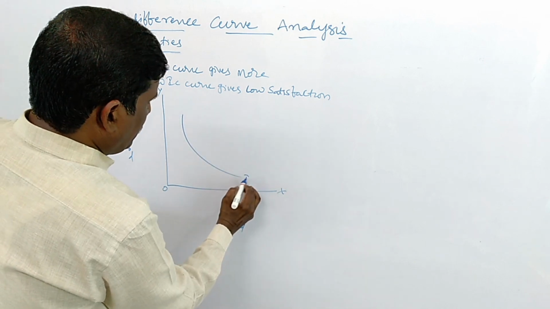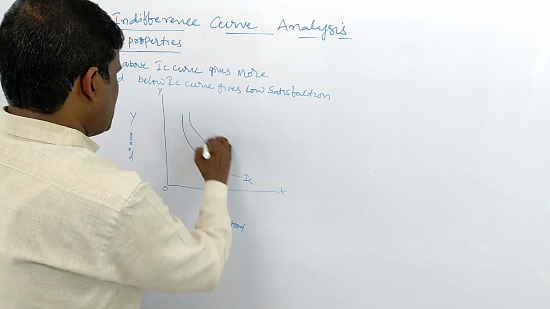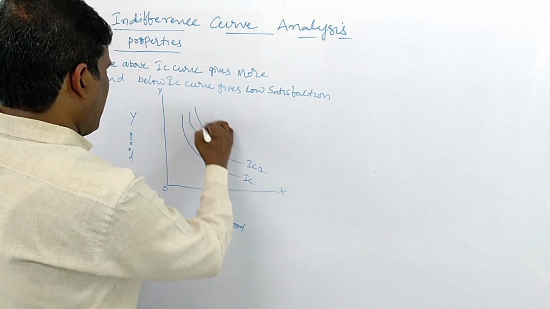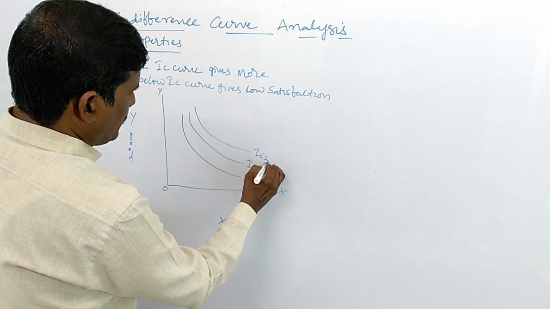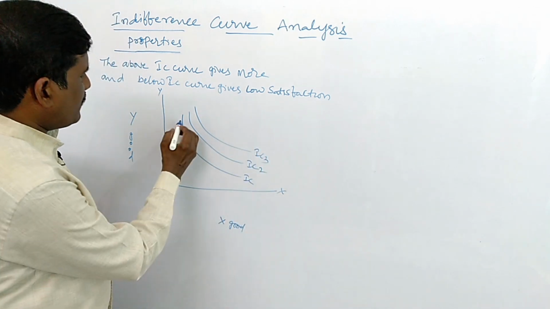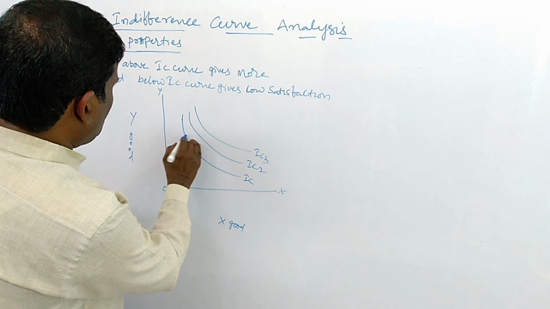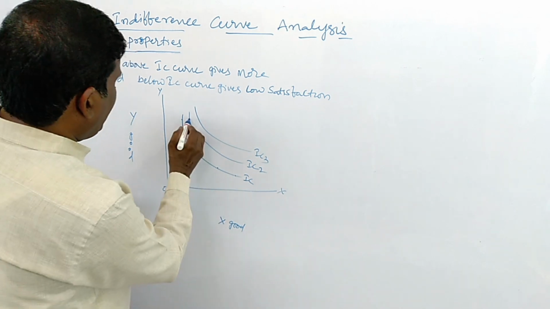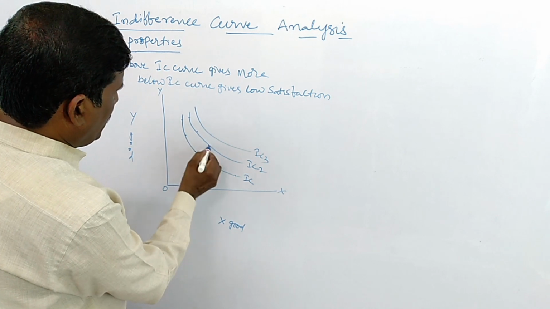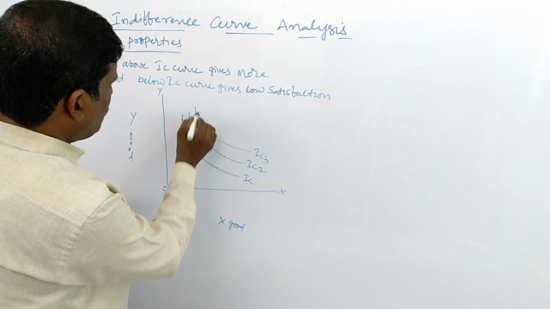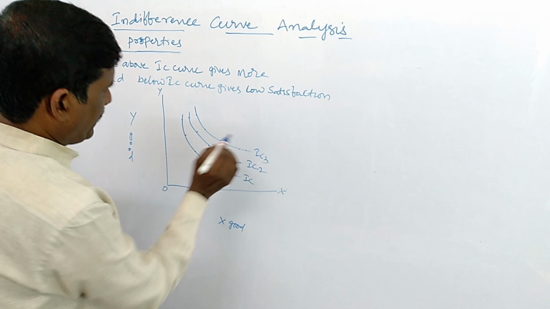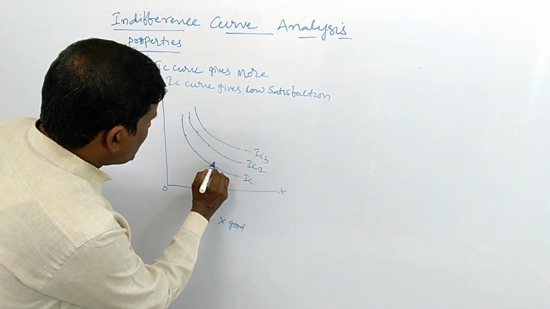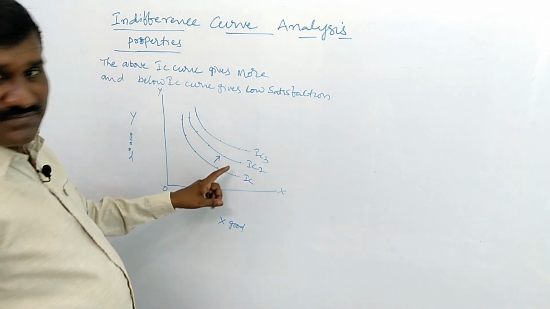This is IC curve. And this is another IC curve, IC2. And this is another IC curve, IC3. See here, 1, 2, 3, 4, 5, for example. And here is also 1, 2, 3, 4, 5. The IC2 gives us more satisfaction than IC1.